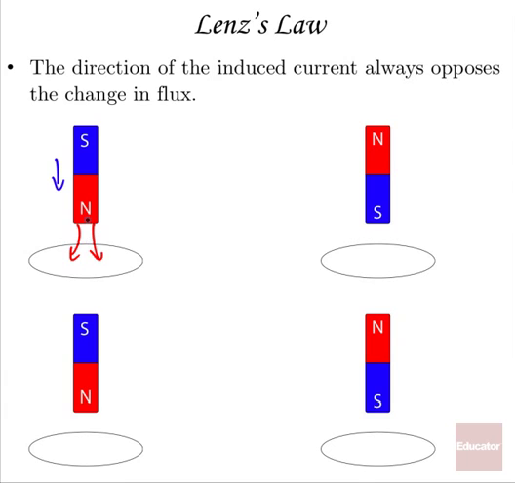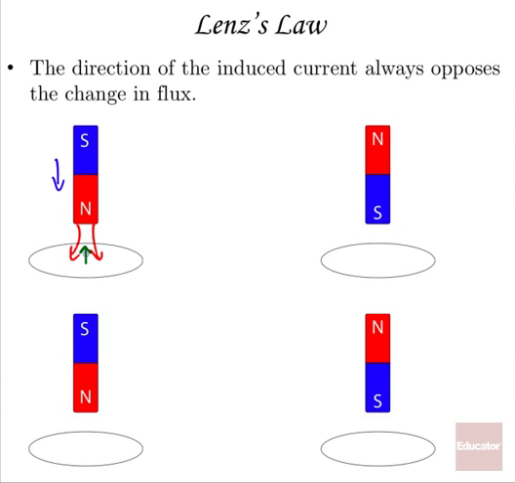Well, we're going to have more flux going down through that hoop. So pushing this down is going to put more flux through that hoop. The current wants to oppose any change in flux through the loop. So if we're putting more through here by moving this down, the induced current wants to go the opposite direction. So we're going to think of this as if we are trying to put some flux the other direction.